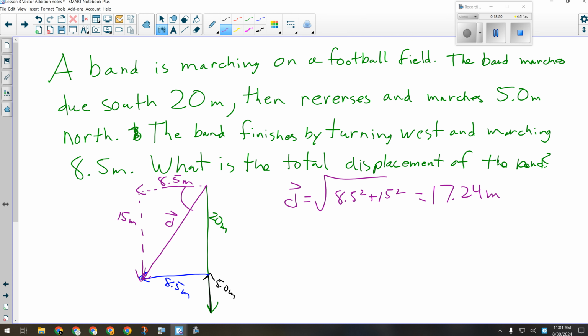meters, that's the magnitude. And now I've got to find the angle. So the way I drew it, the angle is here. It'll be south of west. If you drew it this way, it'll be west of south. All right, so for me, theta is tan to the minus 1 of 15 divided by the adjacent side, 8.5.